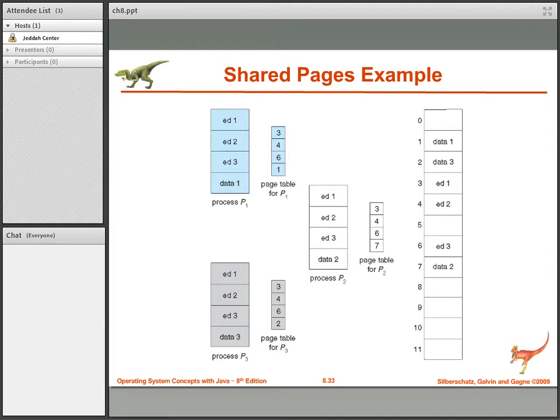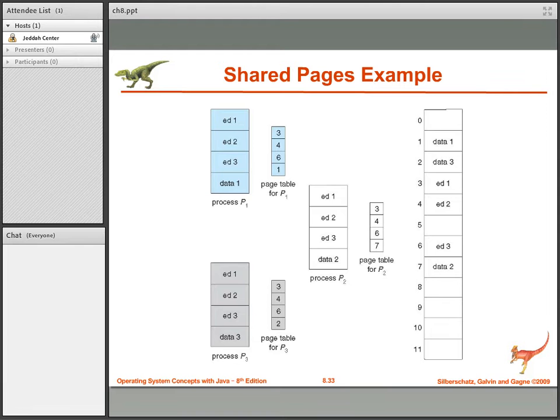Coming to process P2, the edit 1, edit 2, edit 3 have to refer to the same physical location in the main memory. So they have the same numbers, 3, 4, 6 as process P1 and as process P3. However, the data itself that is related to each separate process is not shared.